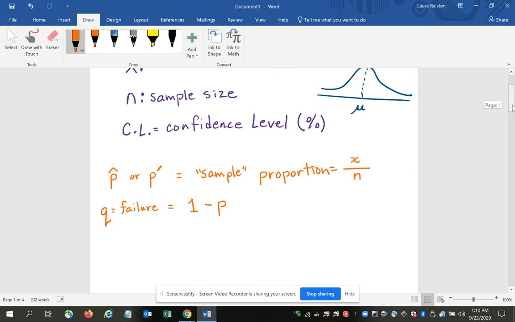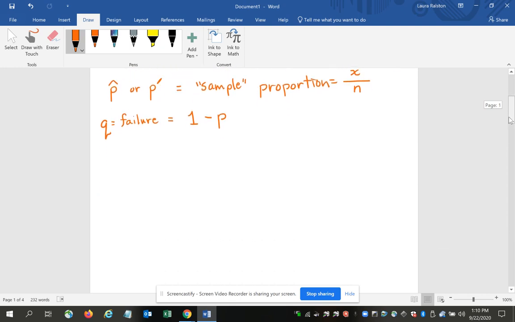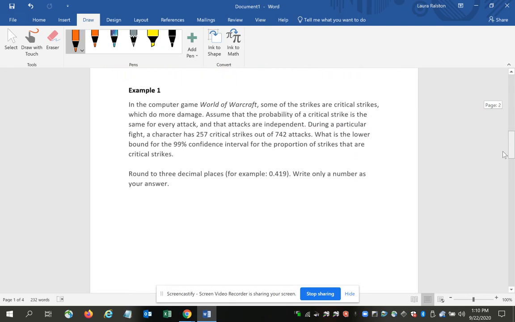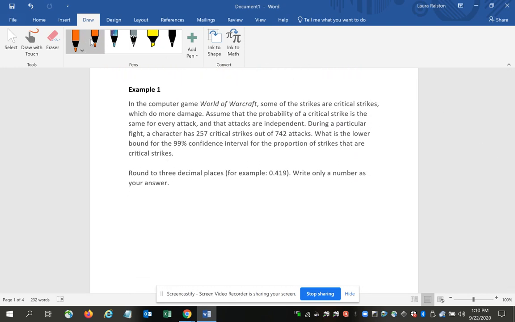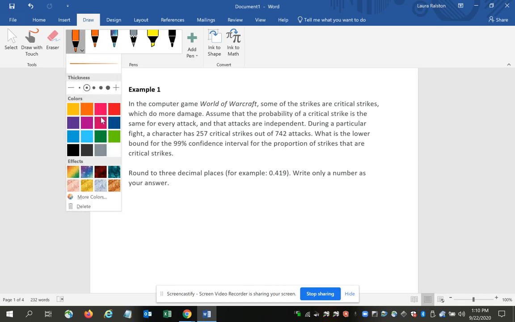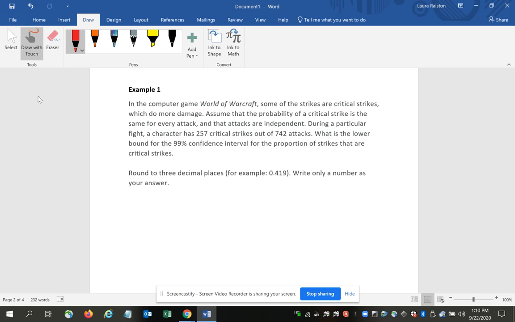So I want to look at a couple of different examples. In this first example, it reads, in the computer game World of Warcraft, some of the strikes are critical strikes, which do more damage. Assume that the probability of a critical strike is the same for every attack, and that attacks are independent.